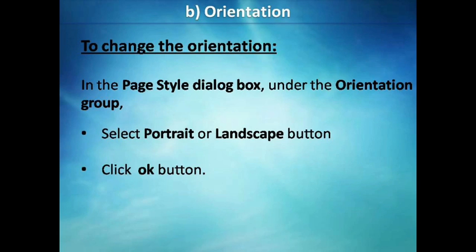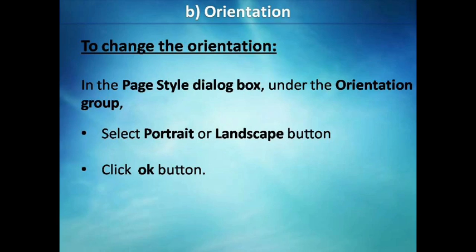Let us see how we can change the document to either portrait or landscape orientation. For that we have to open the page style dialog box. To open it, we should select the Format menu, and from that select the Page option. Then this dialog box will be opened. Under the various groups we have to choose the orientation group.